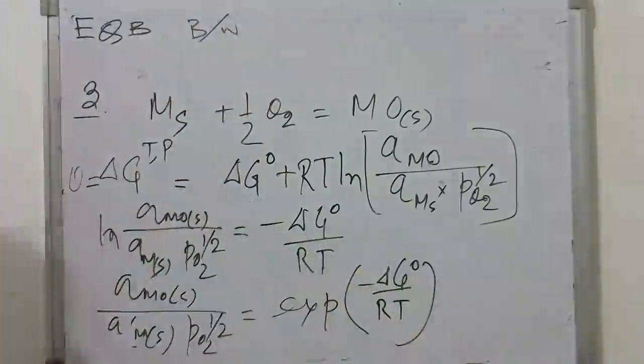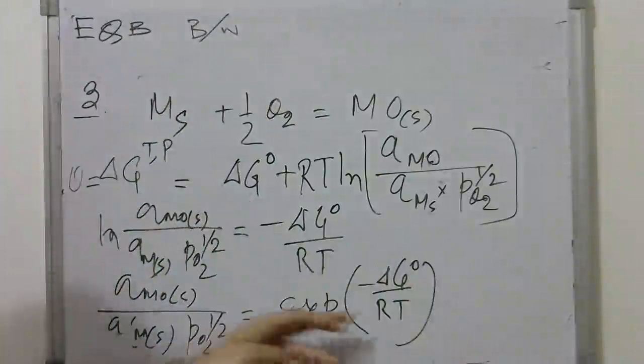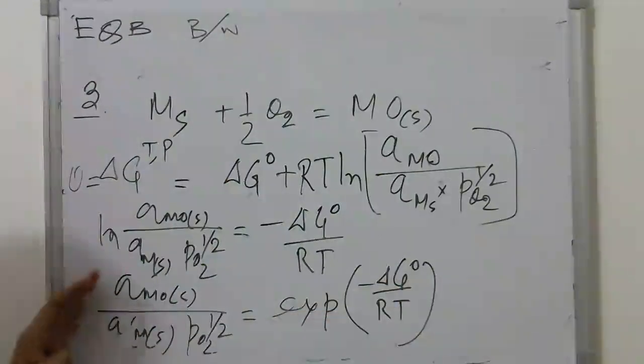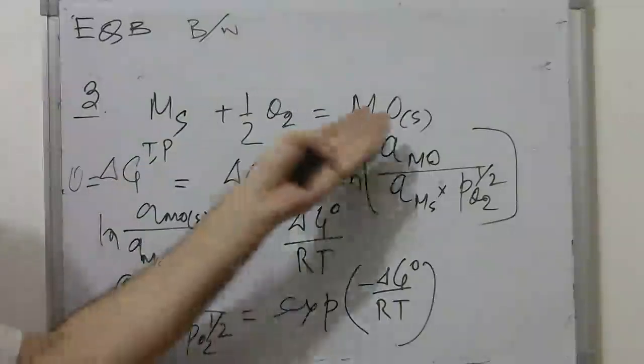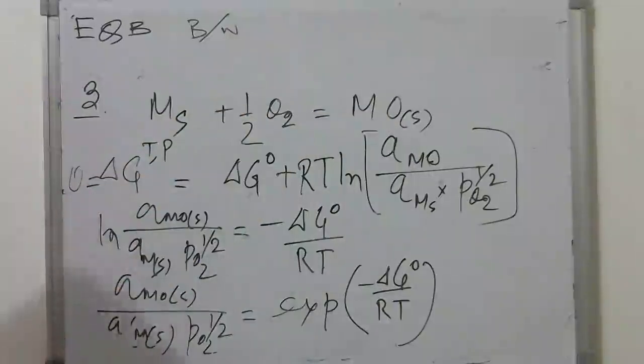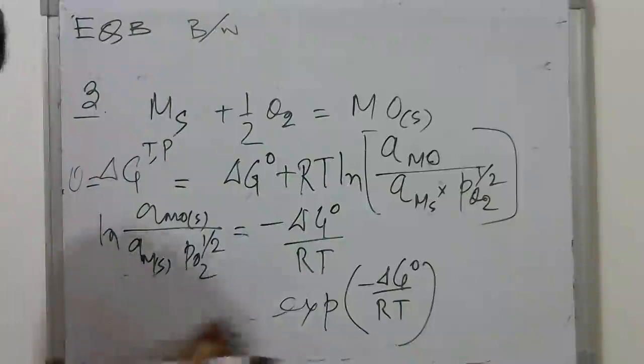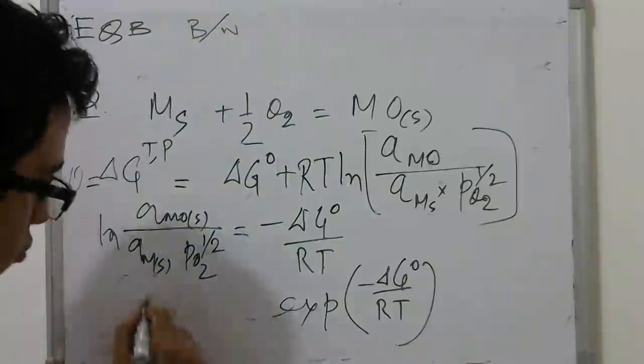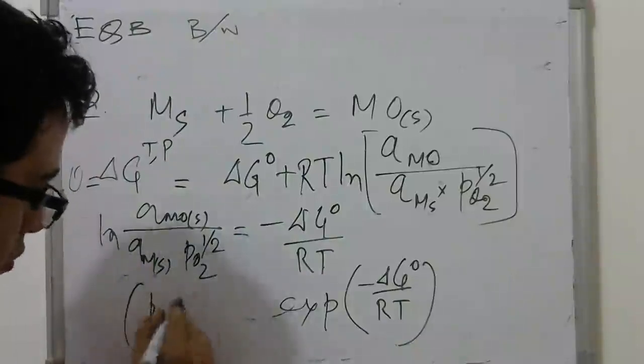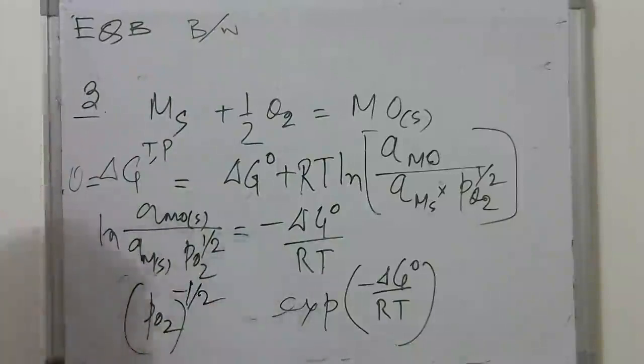Please understand this one. If I say that these exist in pure solid form, therefore the activity will be 1. So AMO is equal to 1, AM is equal to 1. So it comes to be PO2 to the minus half, is this one, right?